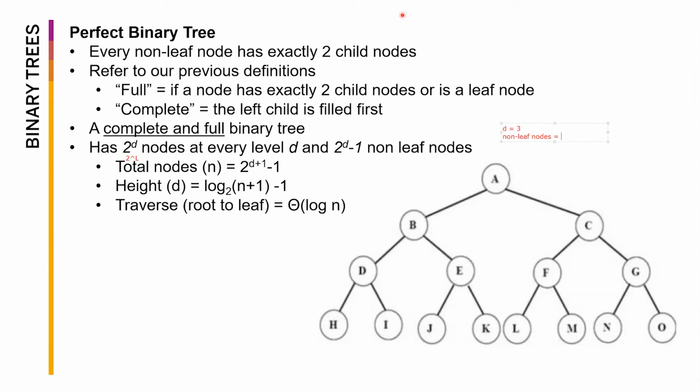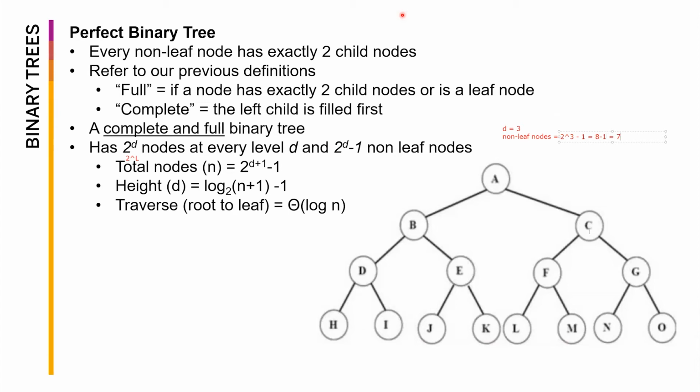Sir, would it be two D plus one? The formula? This is the formula. It's 7, sir. All right, 7 because it's 2 raised to 3 minus 1, which is equal to 8 minus 1, equals 7.